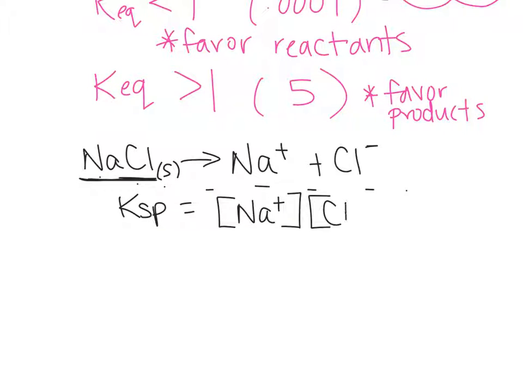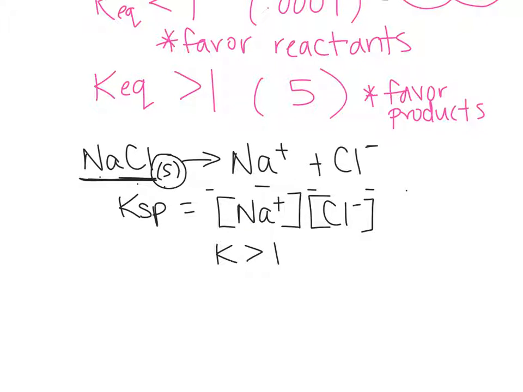Do you guys agree with this? And that's it? Because we don't put the reactants. Why don't we put the reactants? Because it's solid. So K SP is always going to just be your products. This value, if it's greater than 1, what does that mean you're making more of?